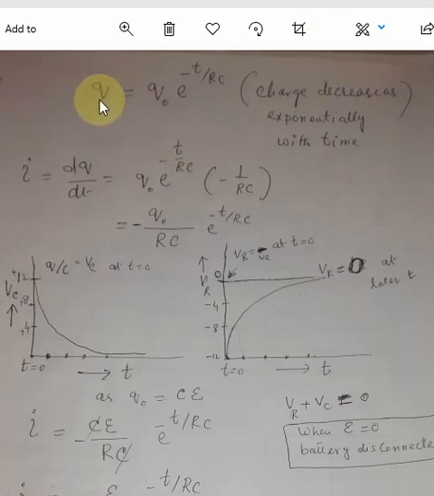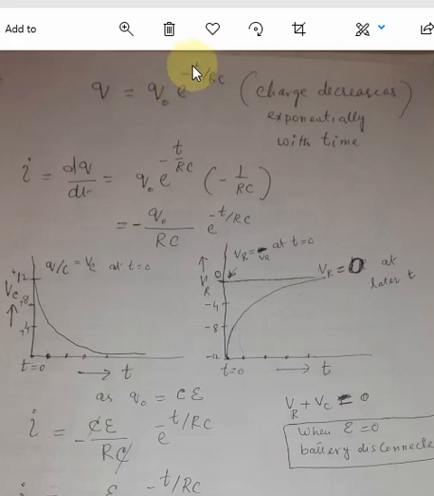Starting with the equation Q is equal to Q naught exponential minus t over RC. Here you can see that this charge is decreasing exponentially with time, because time has a negative sign in the exponential term.